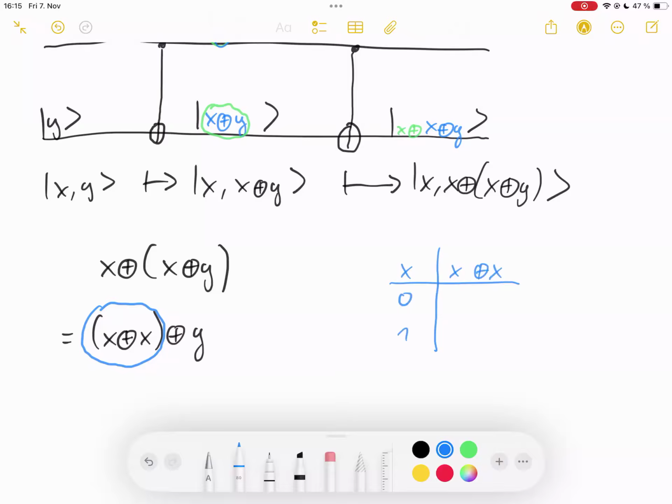XOR is 0 or 1, but 0 XOR 0 is 0 and 1 XOR 1 is 0. So we see that X XOR X is 0.